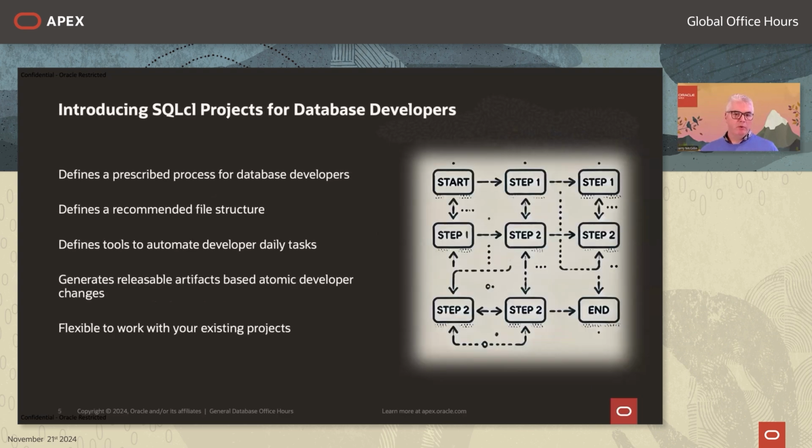But what do we want to do with this? We took a chat a long time ago now, looking at what we were going to do for database developers with respect to CI/CD. And there were several other tools around that had dealt in that process. But when we boiled it all down, we wanted to do several things.